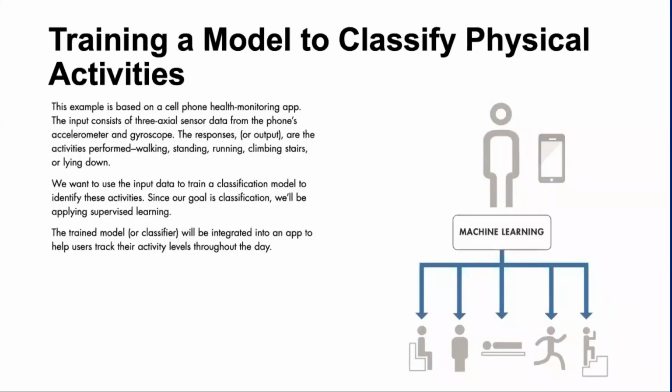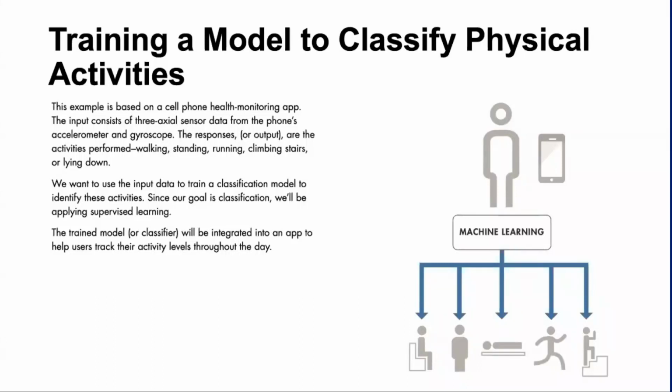So you have the phone as your data collector, and then using the sensors embedded on your phone, we collect this data, and from this data we want to predict, this is your output, whether the user is sitting or standing or running or lying down or climbing stairs.